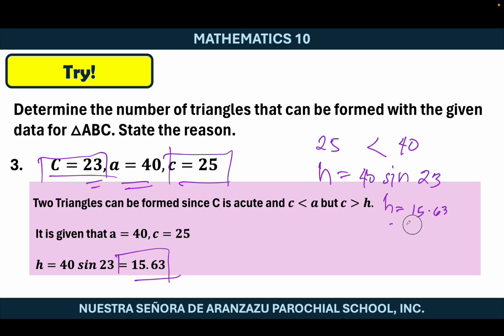Now, if your height is 15.63 and your opposite side is 40, what can you observe? 40 is greater than your height. So, since it is greater than, how many triangles will be formed? Okay, very good. 2 triangles.